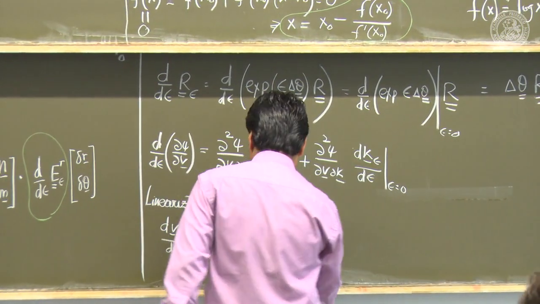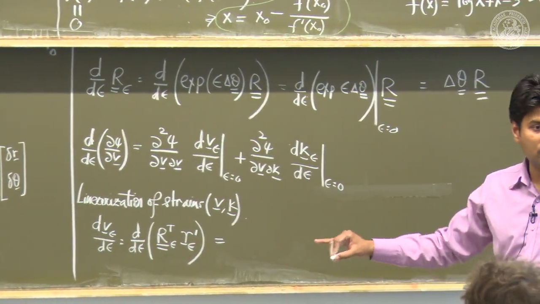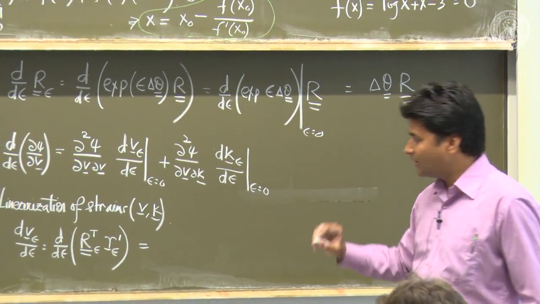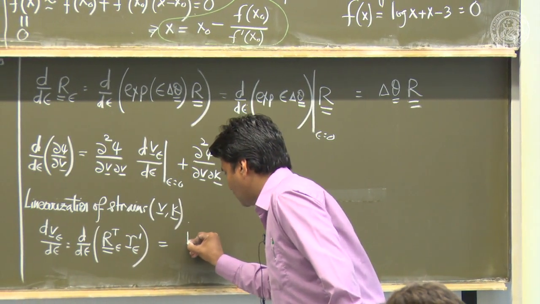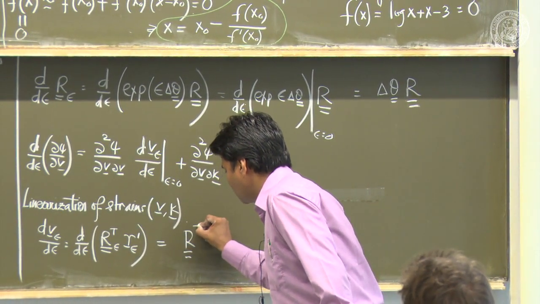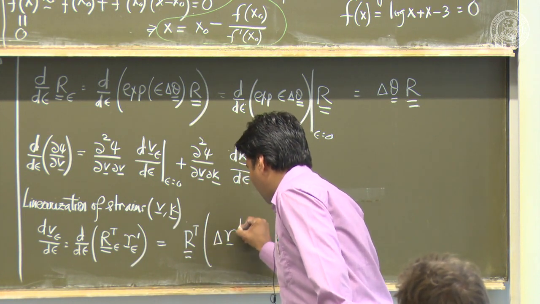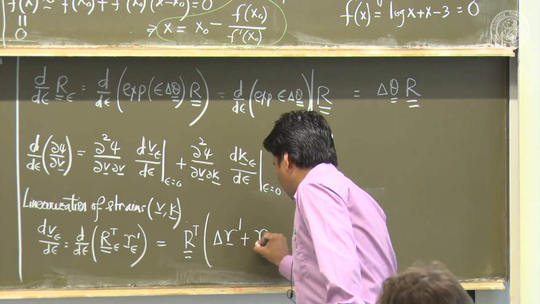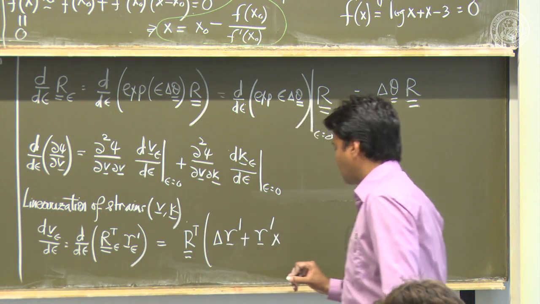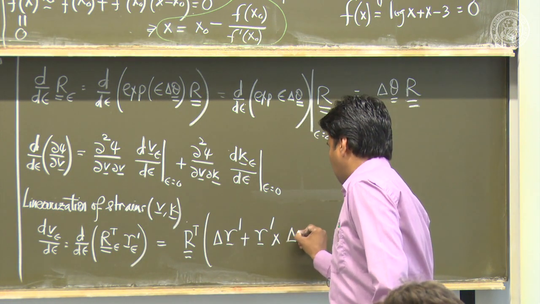And when you work this out, which we had done in the last class, this was equal to big R transpose times delta little r prime plus little r prime cross delta theta.